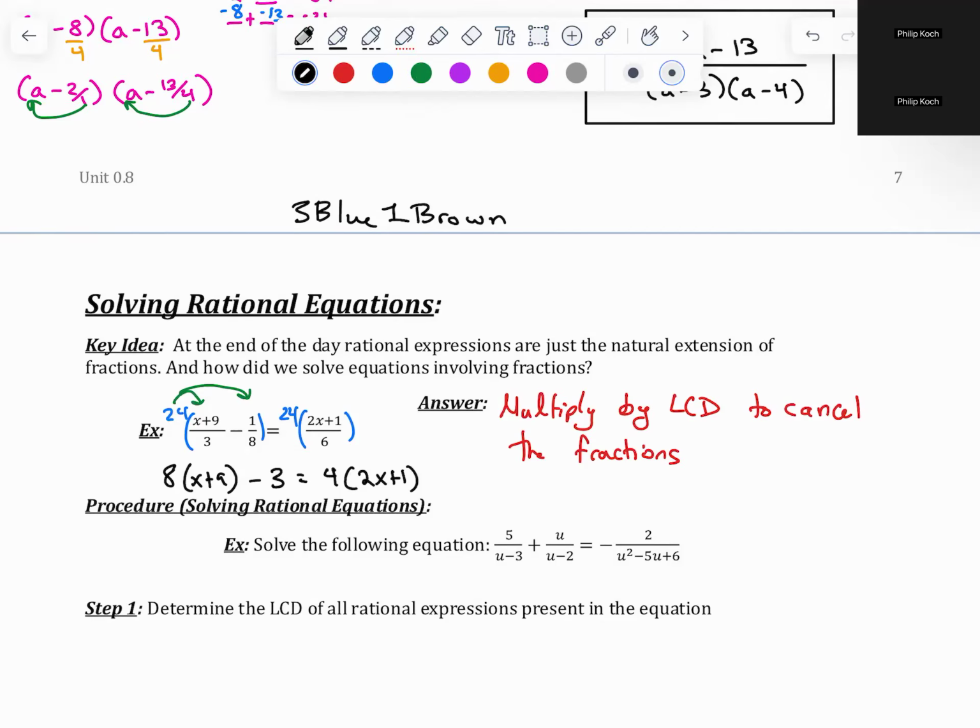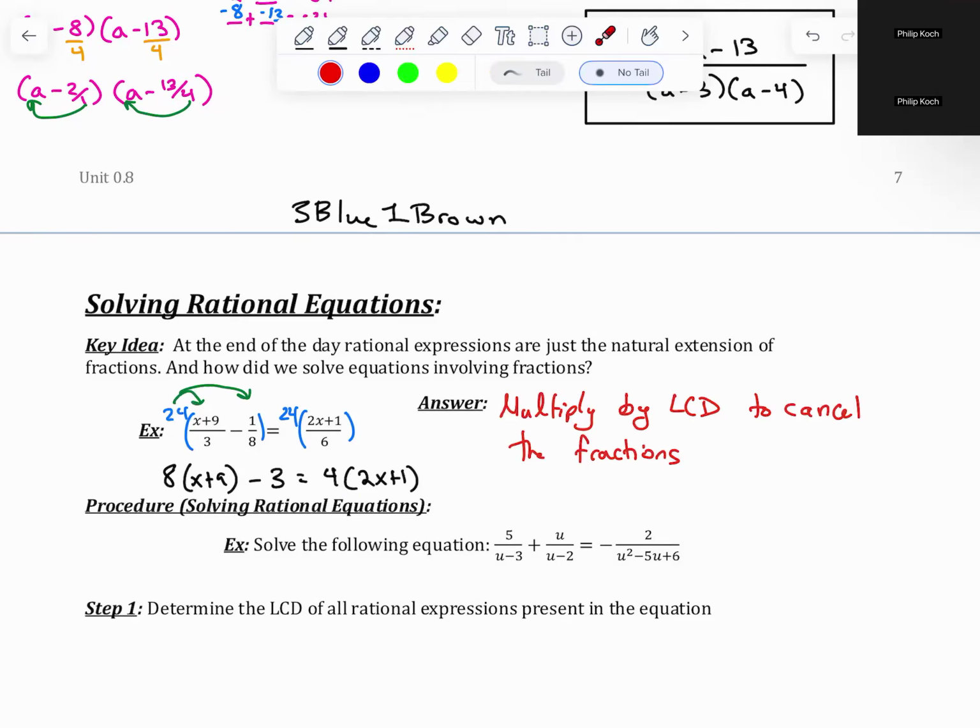Hopefully we all see what happened. When I distribute the 24 into the x plus 9 over 3, the 3 cancels with the 24 a little bit, leaving an 8. When I distribute into the 1/8, the 8 and the 24 cancel, leaving me with just a 3 times the 1, which is 3. And then on the right-hand side, the 6 cancels the 24 a little bit, leaving a 4 left over times 2x minus 1.